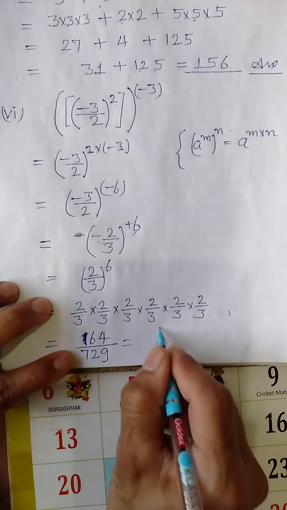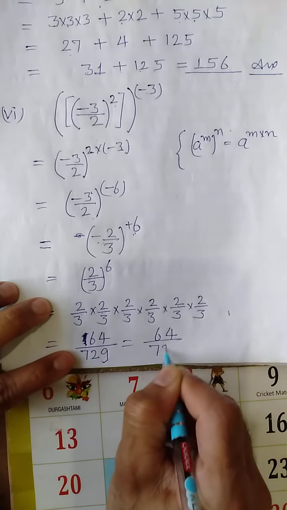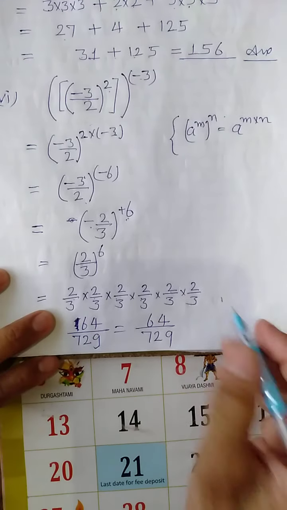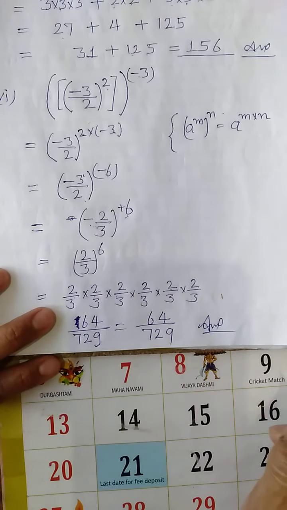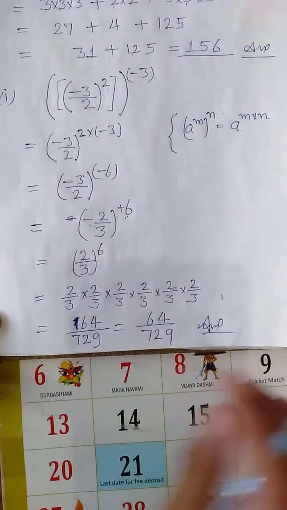This means this will be equal to 64 upon 729. This is the answer. Like this, try to solve the rest also.